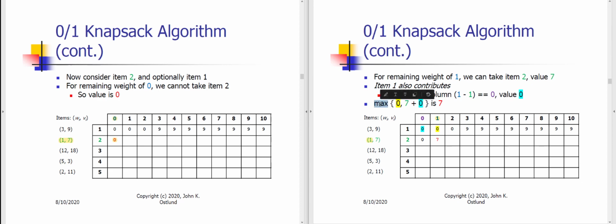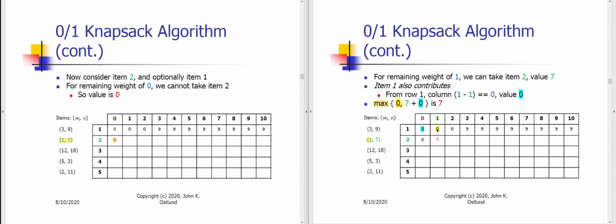Well, it's going to be the maximum, as we said before, of the maximum that we had by not including item 2. The maximum that we had by not including item 2 and only considering item 1 was 0. So 0 is one of the two possibilities.